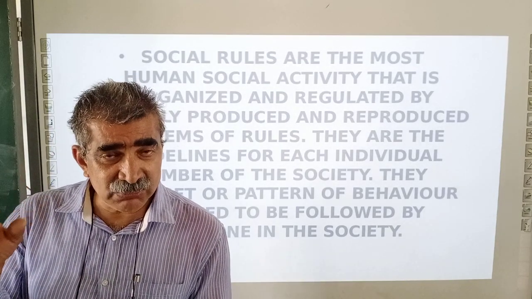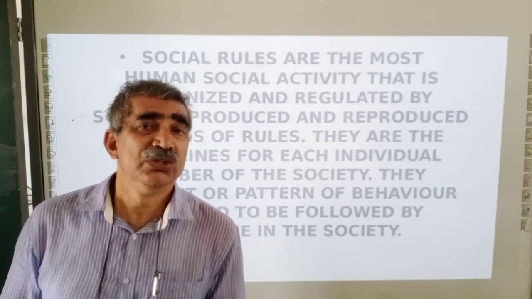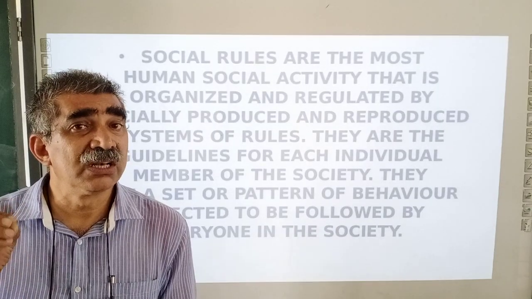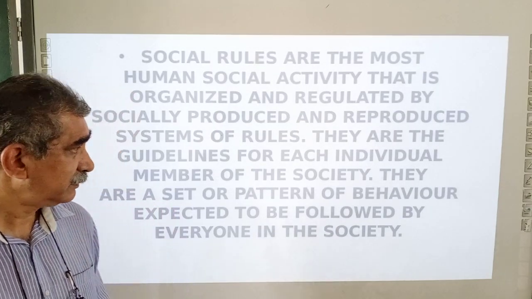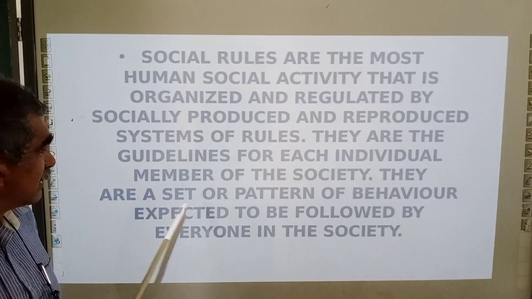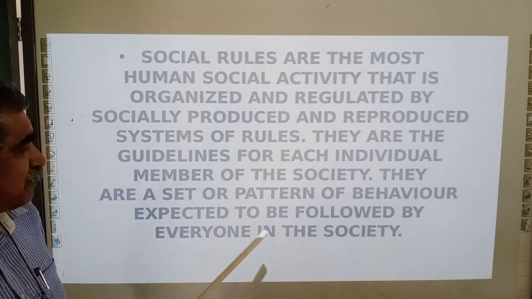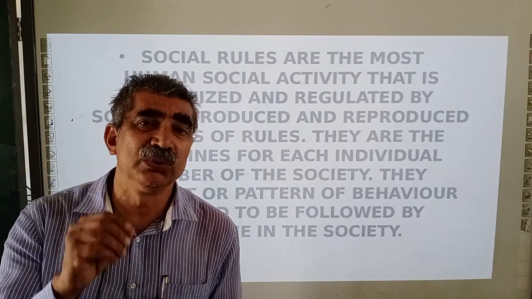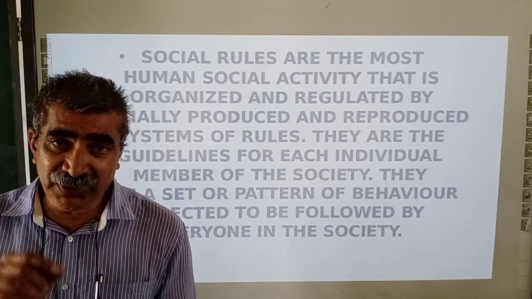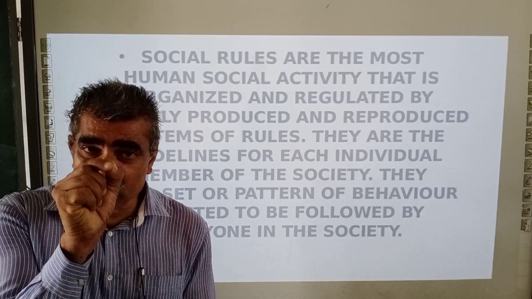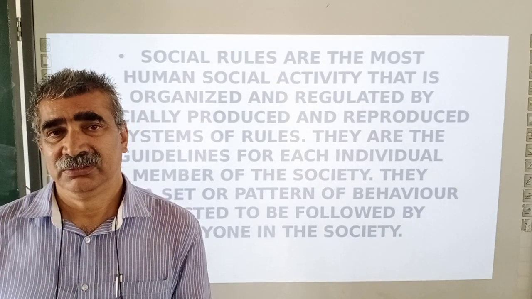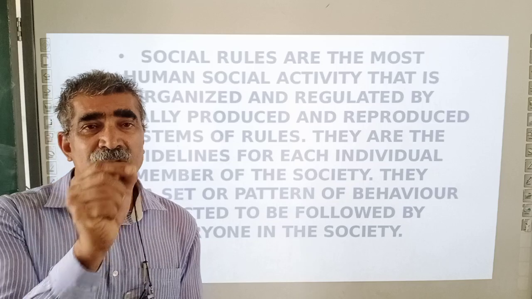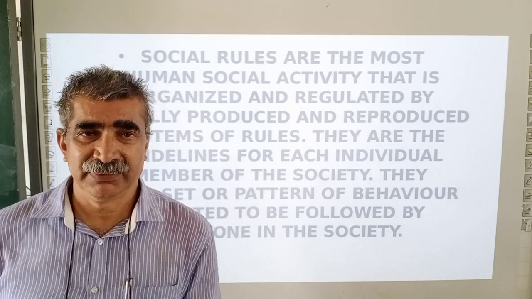To interact with the members of the society, you must learn social sciences. They are a set of patterns of behavior expected to be followed by everyone in the society. That is a social rule. Every member in the society is bound to follow it. When one person is speaking, you don't speak.